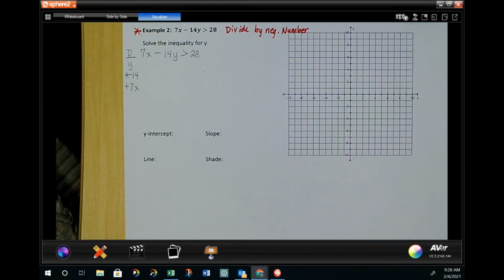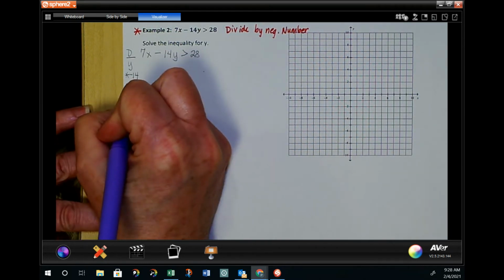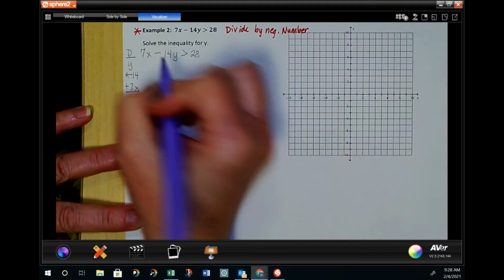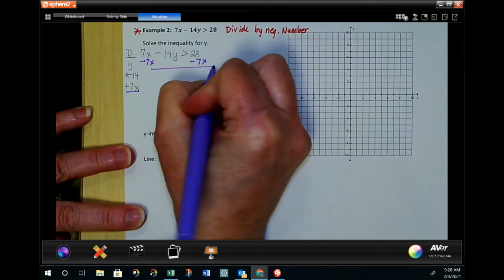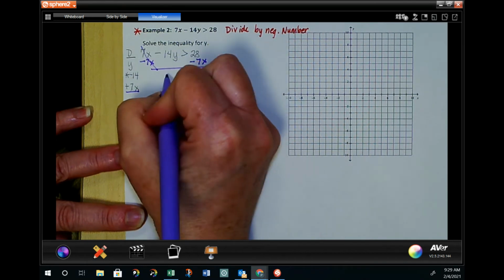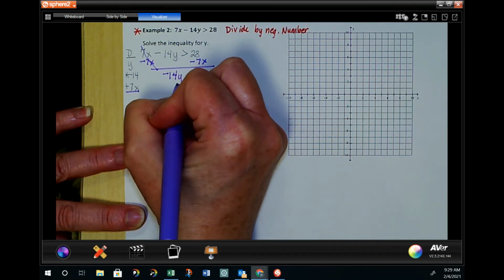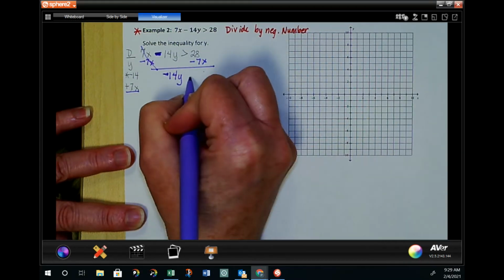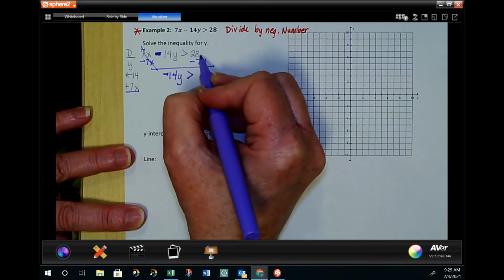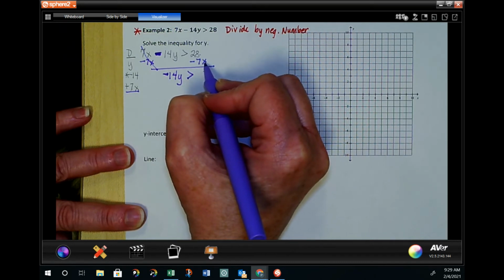So now we've got to undo that. The opposite of adding 7x is to subtract 7x. So now that goes away, and now we have negative 14y, because it's still that negative, it goes with it. This sign still goes down here, is greater than, and again 28 and doesn't have an x, but the negative 7x does.